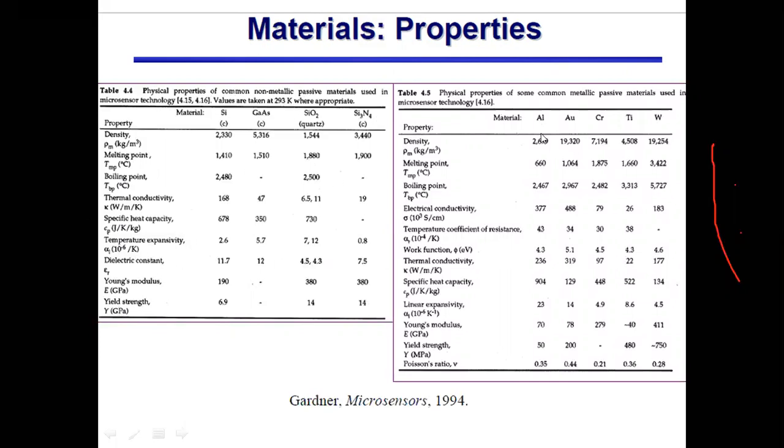Similarly, the materials that we add as thin film on top of the silicon wafer: aluminium, gold, silver, chromium, titanium, tungsten, etc. Here you find the physical properties, thermal properties, and mechanical properties of those materials.